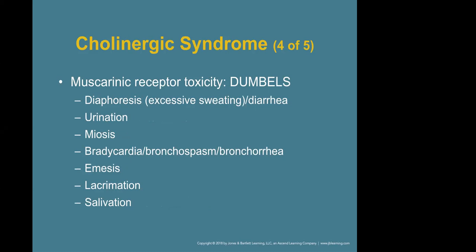Bradycardia, bronchospasm, and bronchorrhea are also very common. Emesis and salivation with lacrimation. These patients are going to have it coming out of everywhere and look like the worst gastrointestinal disease that you could possibly have. But it's going to be a chemical exposure versus an actual illness.